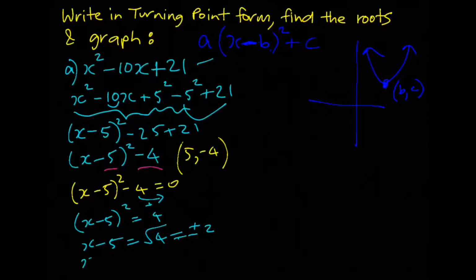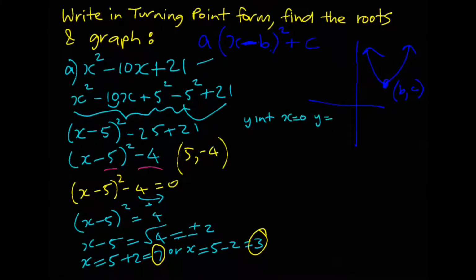So x equals 5 plus 2 equals 7, or x equals 5 minus 2 equals 3. So 7 and 3, they are your roots or your x-intercepts. Now let's find the y-intercept. At x equals 0, y equals 21.